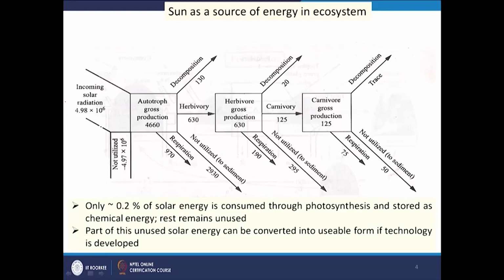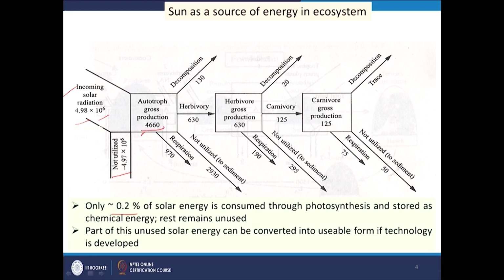This figure shows that incoming solar radiation is around 4.98 into 10 to the power 6 units. Out of it, non-utilized is 4.97 into 10 to the power 6 units. So, only 0.2% of solar energy is used by the autotrophs for the production of organic compounds, and it is around 4660 units.